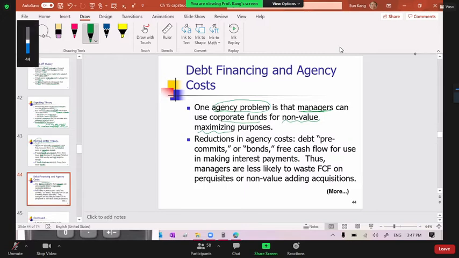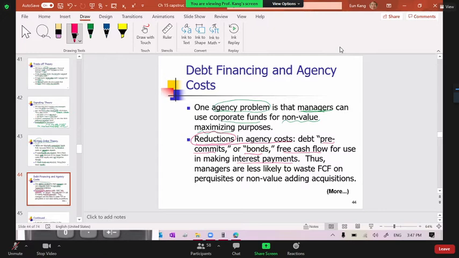The good side is this. The good side is a reduction in agency cost, because debt pre-commits or bonds free cash flow for use in making interest payments.